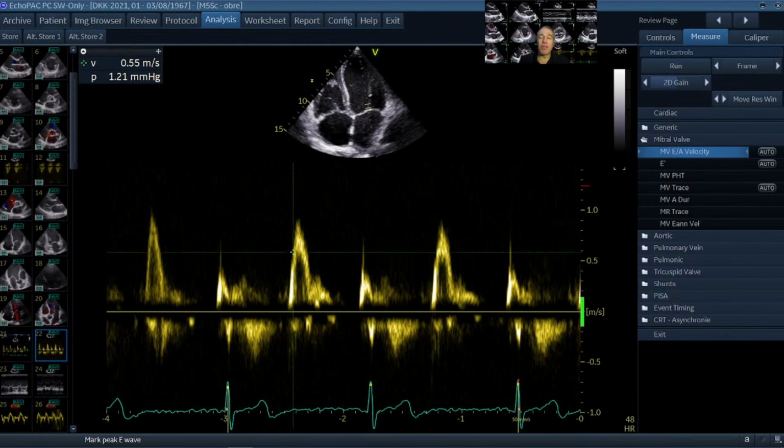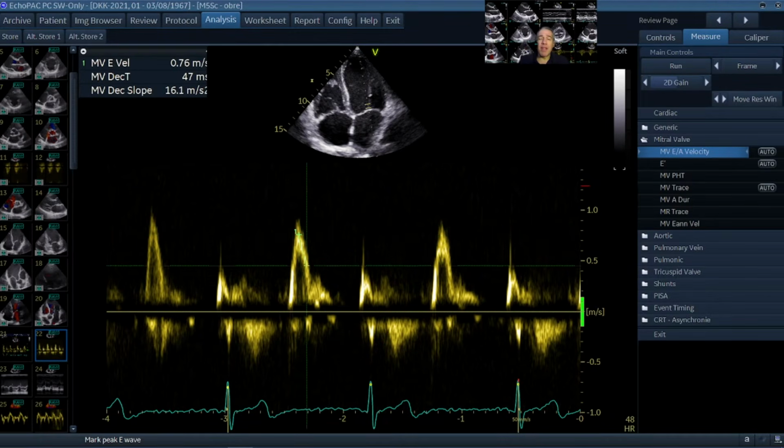So most of the blood volume flows with velocities within this wide range, or in this case here, yellow range. So I don't go to the absolute maximum. I stay a little bit within here, and then I indicate the E wave.